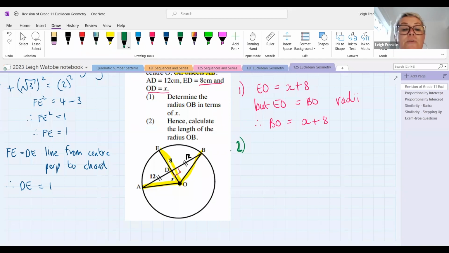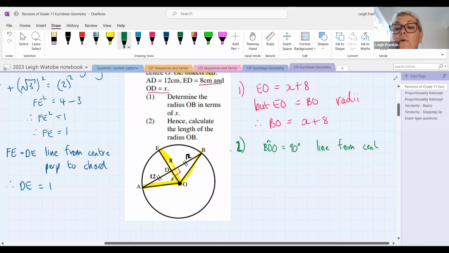So I first need to say that the angle at BDO is equal to 90. Okay, my reason for that: line from center to midpoint of chord.